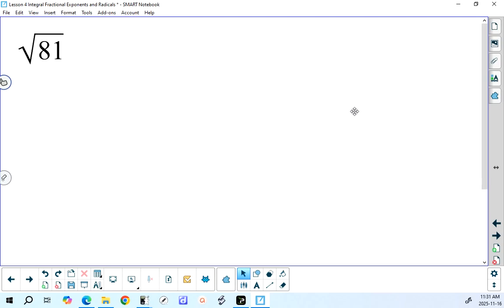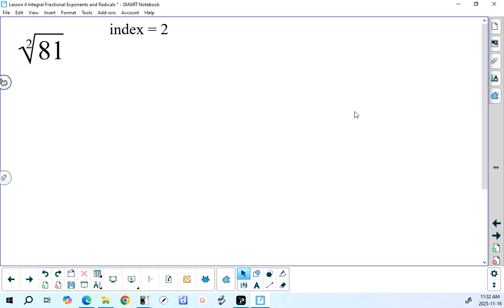So just to go through what I think you should already know from the previous unit and also from grade 9, when we look at this root 81, which is how we would pronounce it, we don't have to write the index for square roots. We know that this is the square root of 81, and the index, though unwritten, is really a 2.